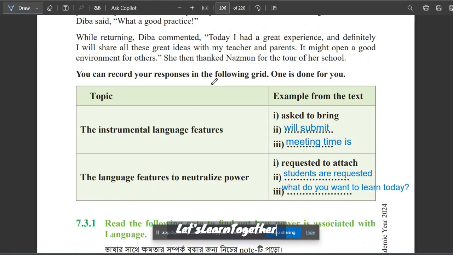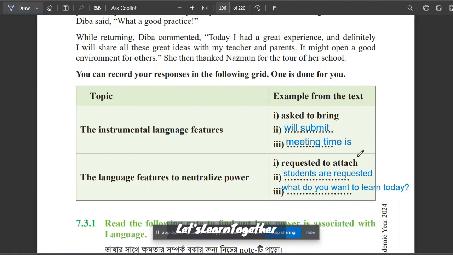Yes, you can see that we were supposed to find out examples of the text where it was seen that power was neutralized, right? So the instrumental language features were asked to bring, will submit, meeting time is this.